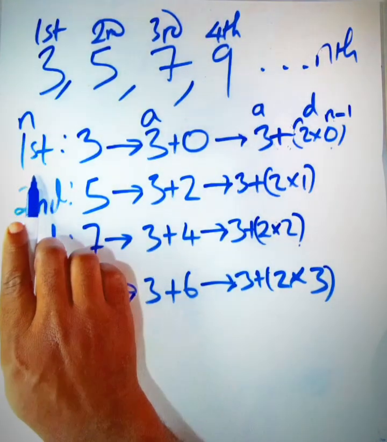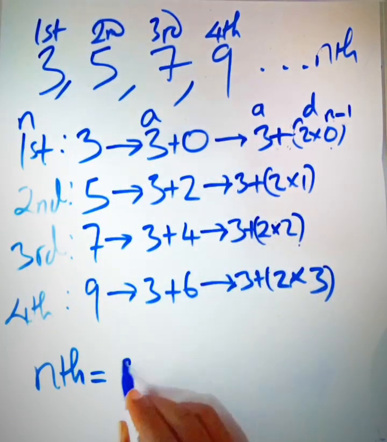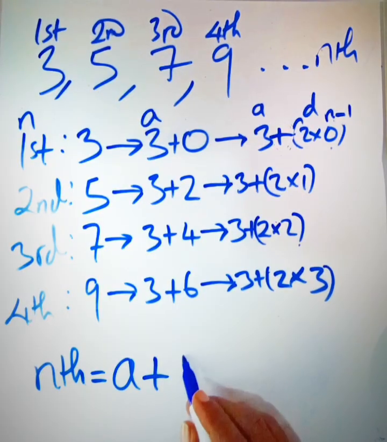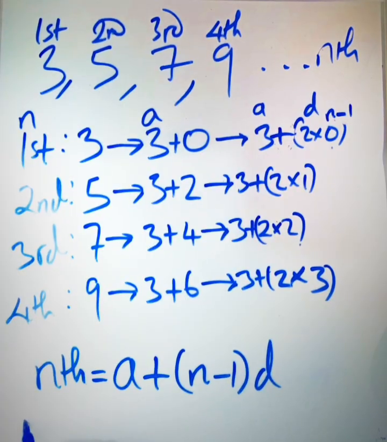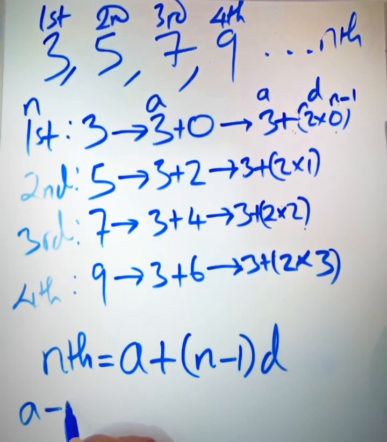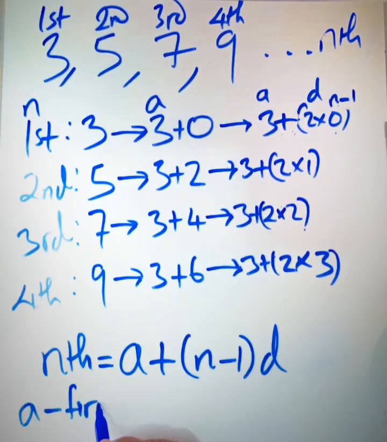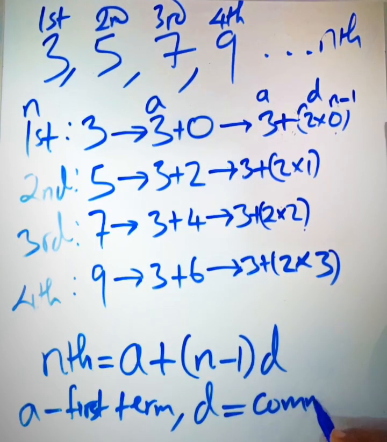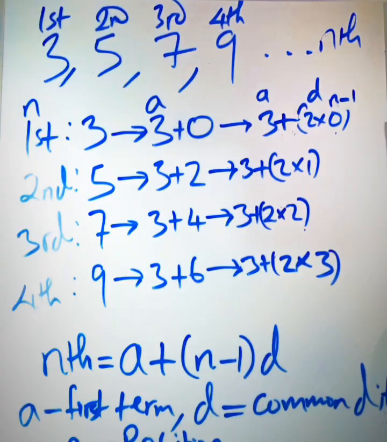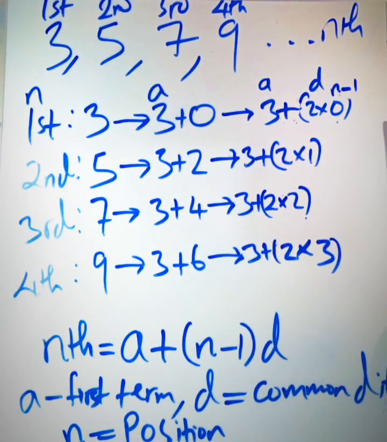It means that the nth term of a sequence is given as A plus, open a bracket, N minus 1, close bracket, times D, where A represents the first term, D represents the common difference, and then your N represents the position under study. So that is how simple it is to derive the relation for the nth term of an AP.